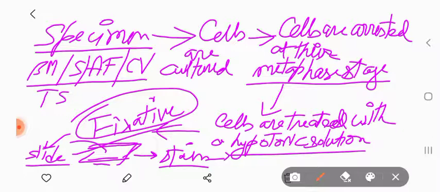Different stains are used, like Giemsa stain, quinacrine mustard stain, then acridine orange. This is another name of a stain that I have not mentioned before. Then chromomycin A3, olivomycin. Different stains can be employed because they will bind to specific regions of the chromosome.